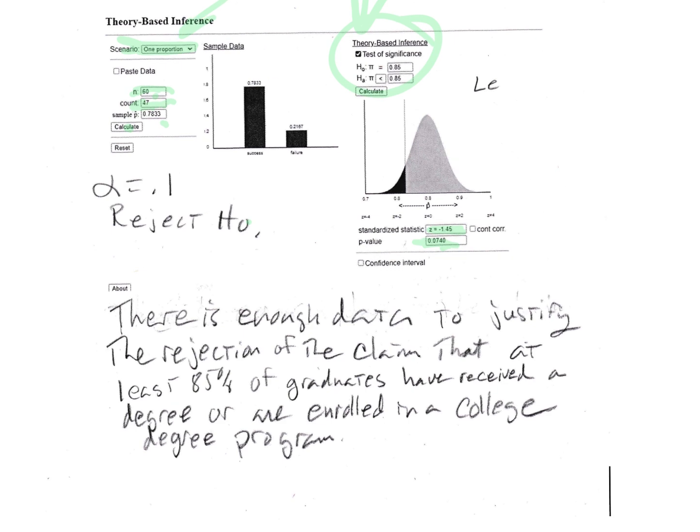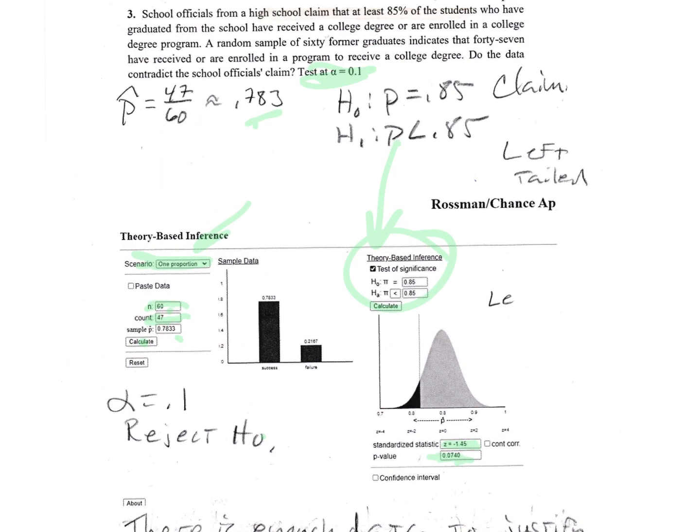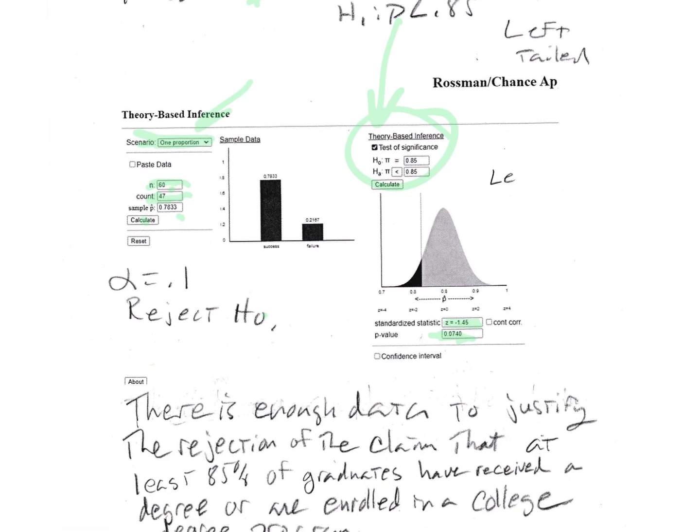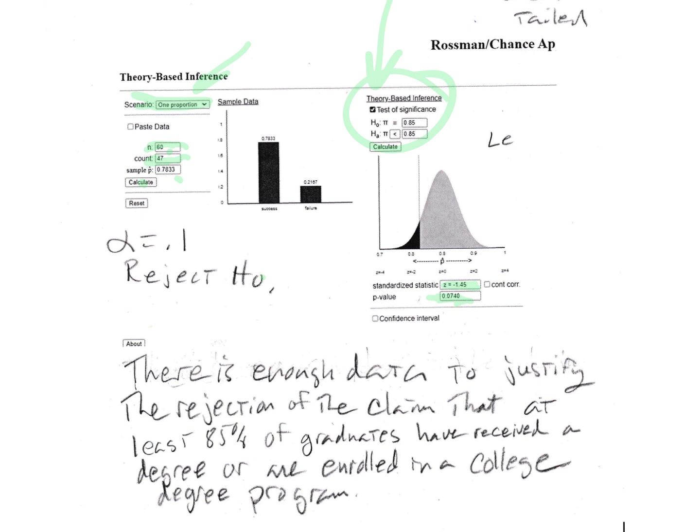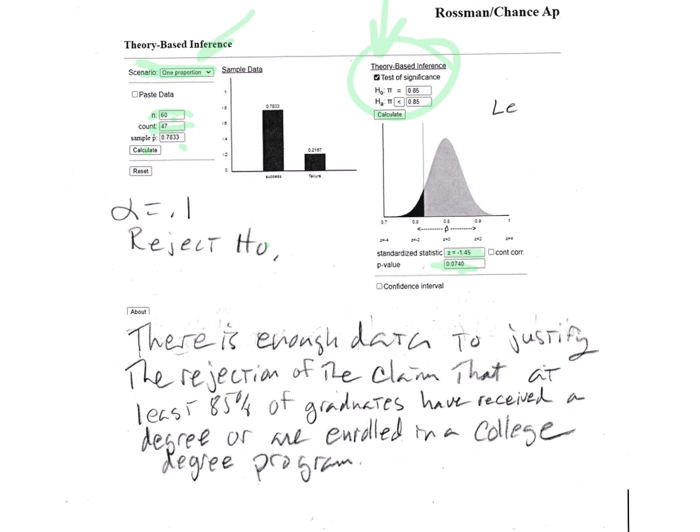And because I said H0 was the claim, the null hypothesis supports the claim, we're going to reject H0. So there's enough data. Is that how I worded this? There's enough data to justify the rejection of the claim that, and this is a long claim, so I wrote it all out.